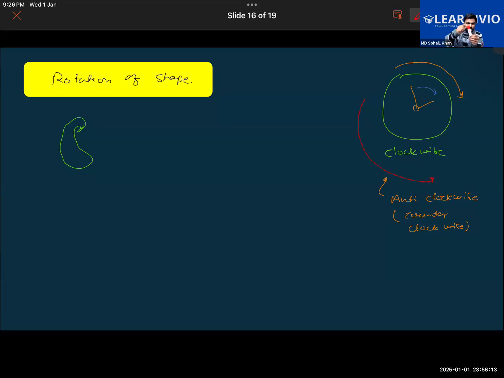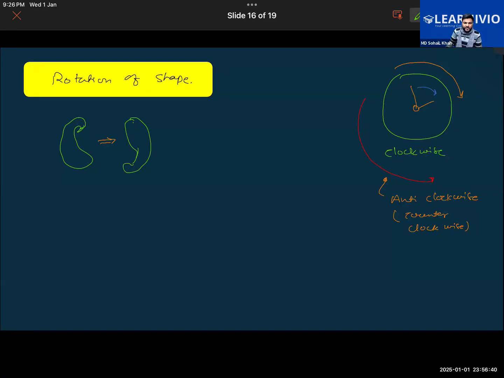I'm rotating it 180 degree, so that goes like this. It basically flips. So this thing over here, when rotated to 180 degree, will look like this now. Getting it?